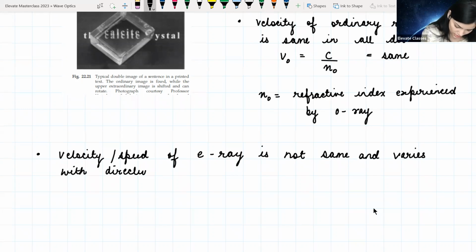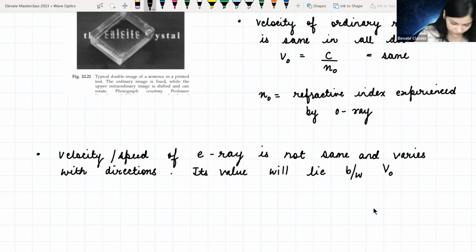In different directions, it would have different speed, and its value will lie between this V0 and VE.